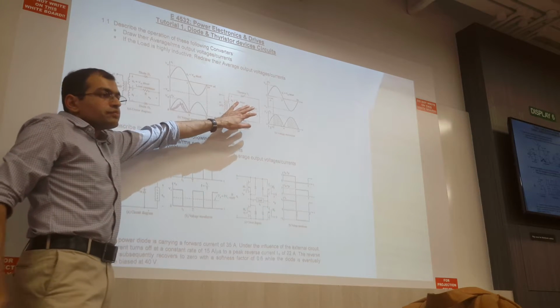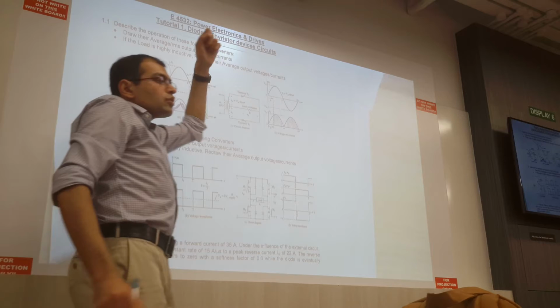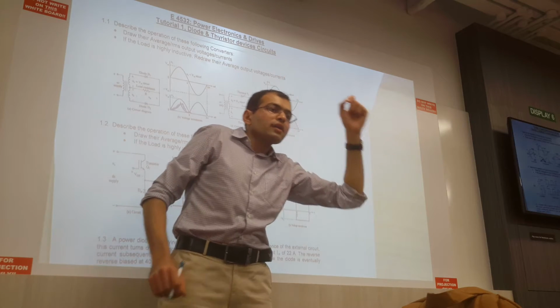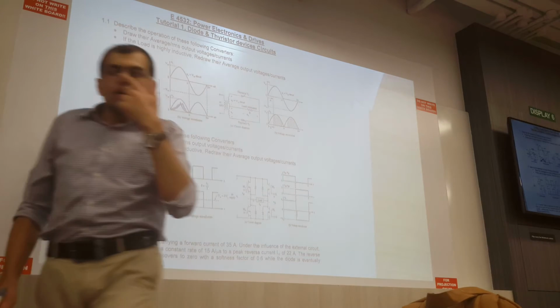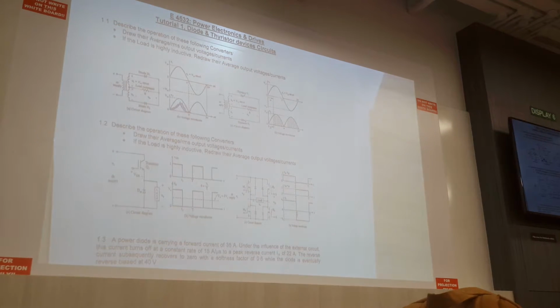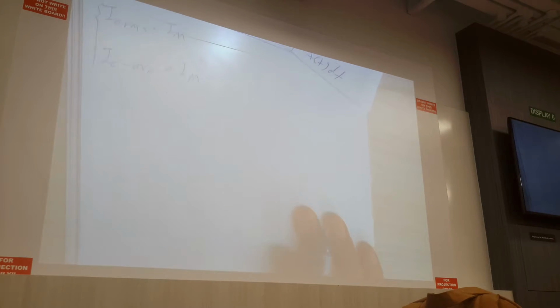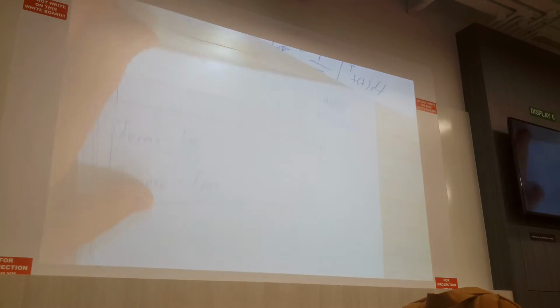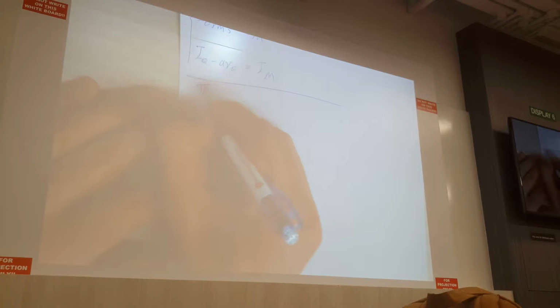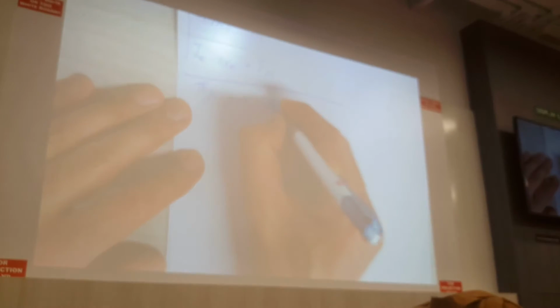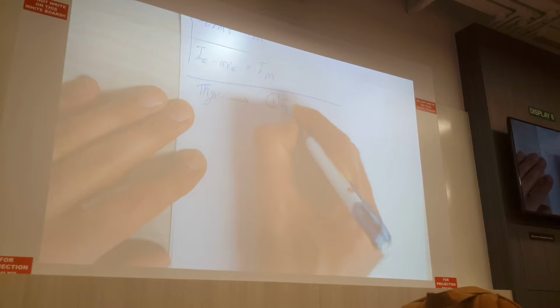But in a thyristor, you have control on the angle of turning on. Because of this, I need to have two conditions for a thyristor to become on. One is it should be forward biased.